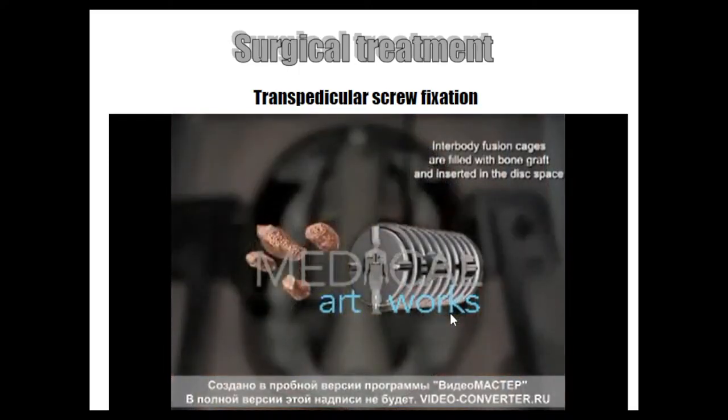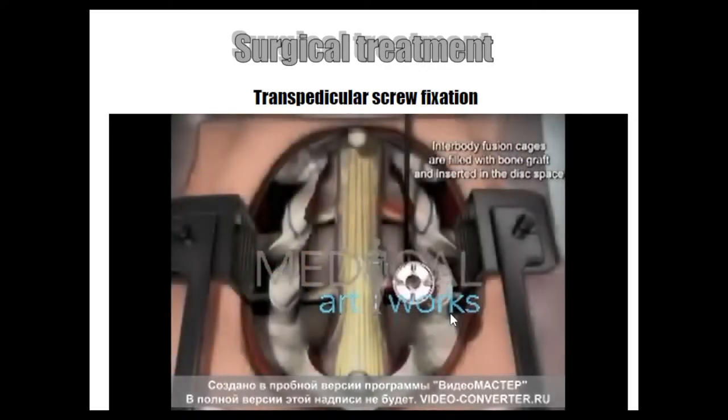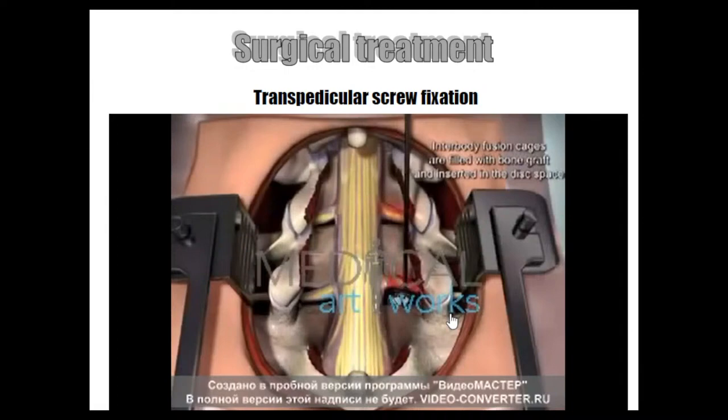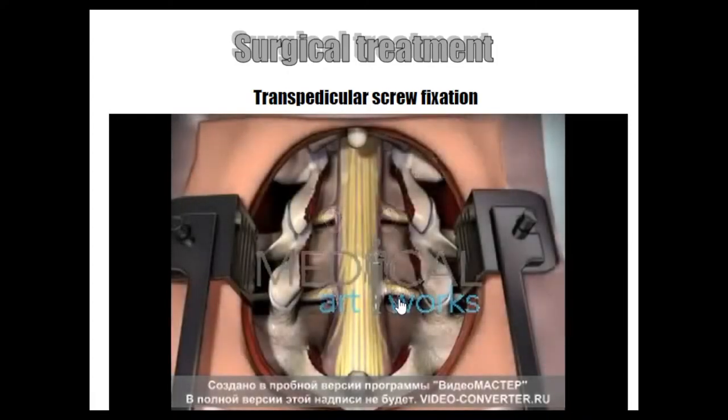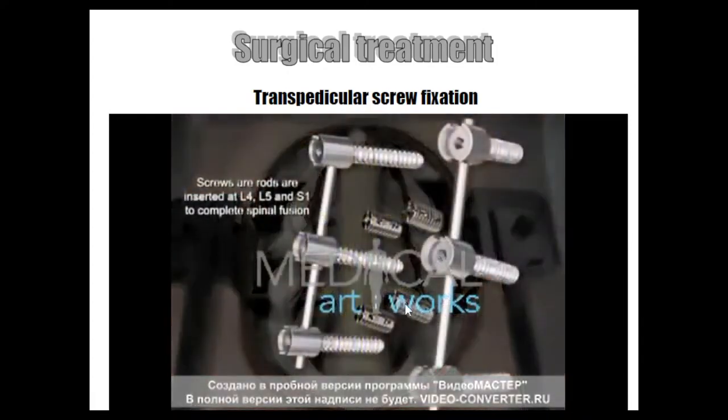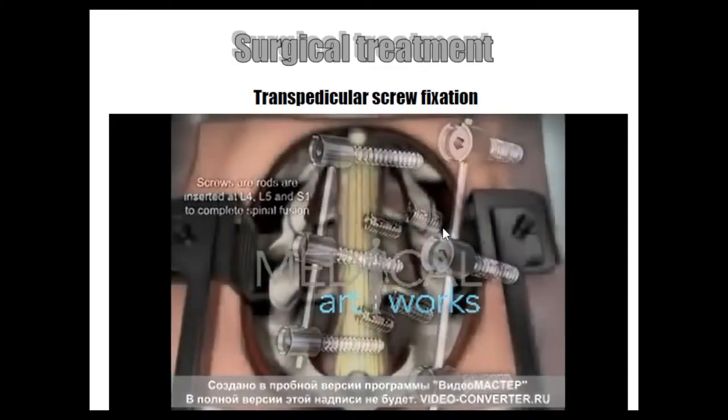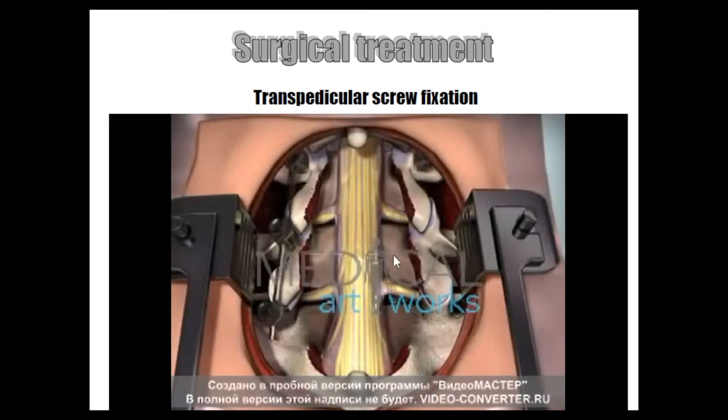which compresses that nerve. After that, we will use a special cage, a special implant, which we will put in between the vertebral bodies at the place of the intervertebral disc. And the final step is transpedicular screw fixation.